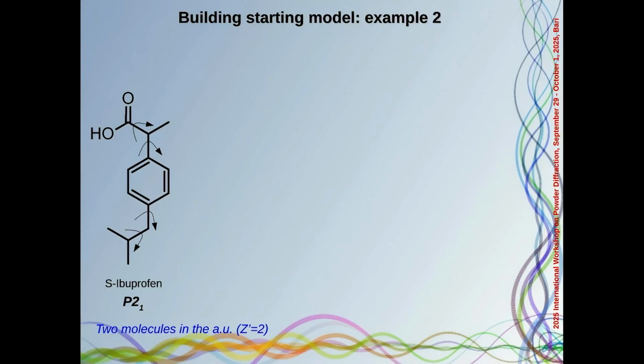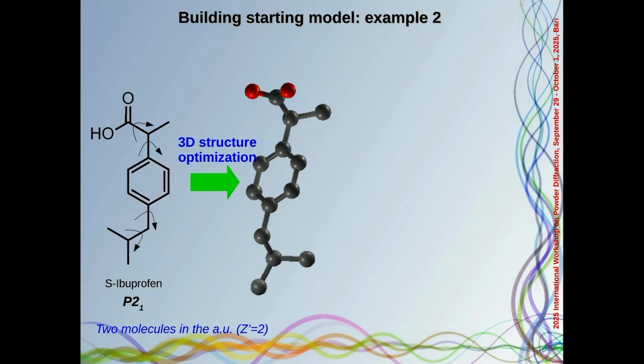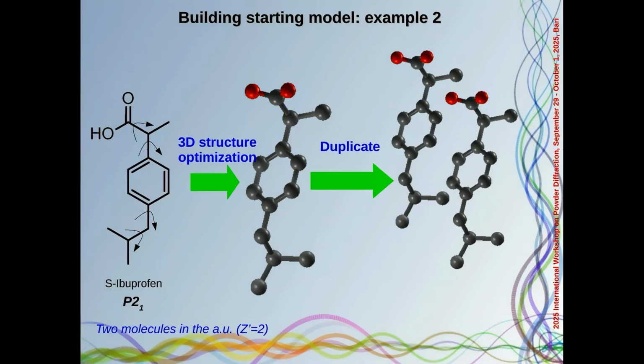For example, if you are solving the crystal structure of S-ibuprofen, the space group is P2-1, and in this case, you have 2 molecules in the asymmetric unit, so you have to build the 3-dimensional representation of the molecule of ibuprofen, but you have to duplicate it.